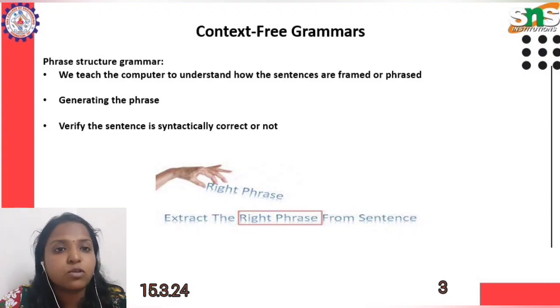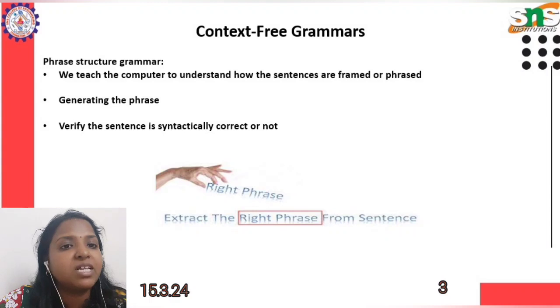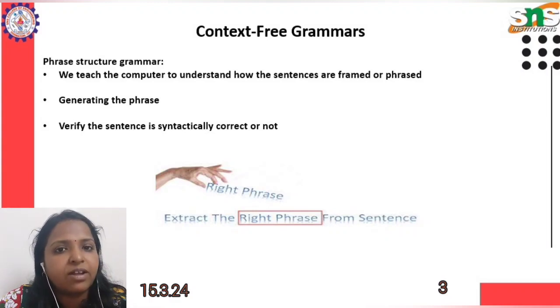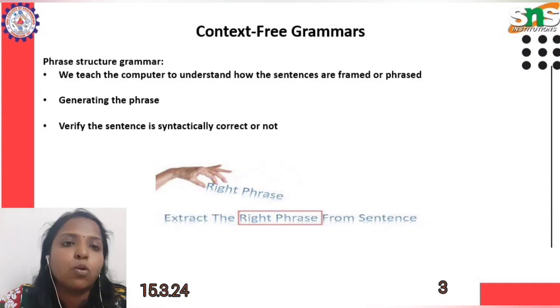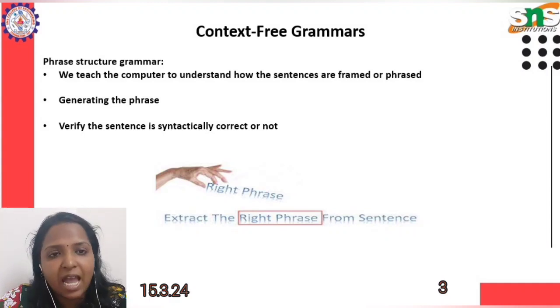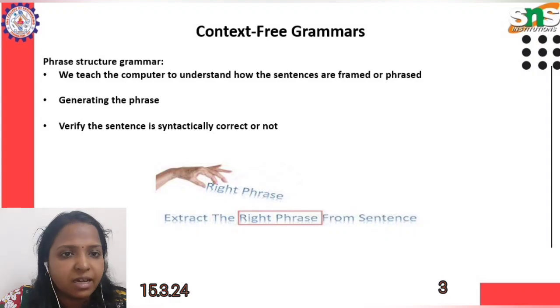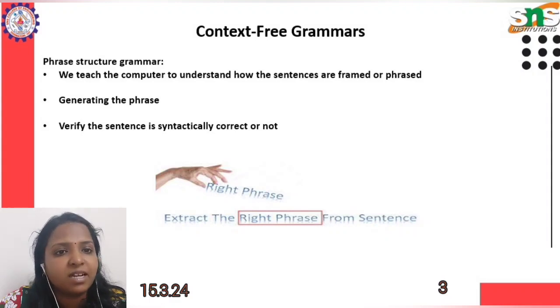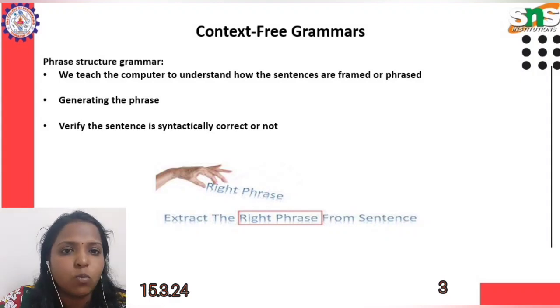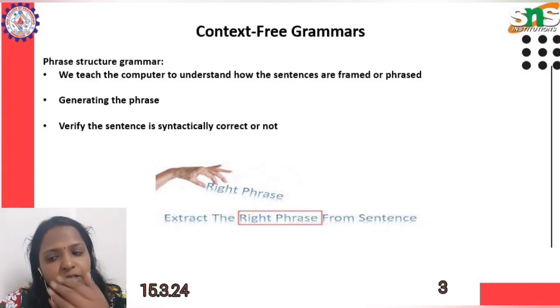The main purpose of NLP is to teach a computer or a device to understand our natural, that is human speaking, language, and also to regenerate the human speaking language as humans do. So this grammar is used here to frame the sentence syntactically correct and also to verify whether a sentence spoken by humans is syntactically correct or not.